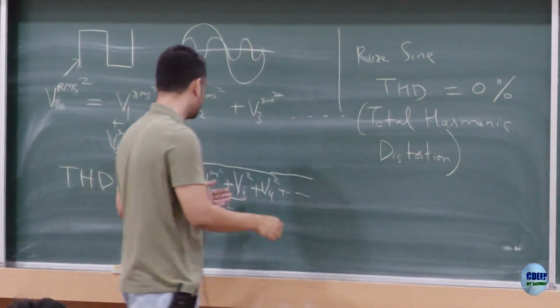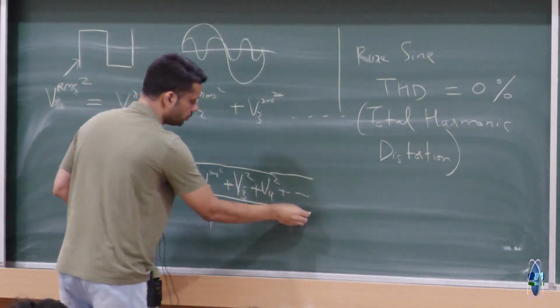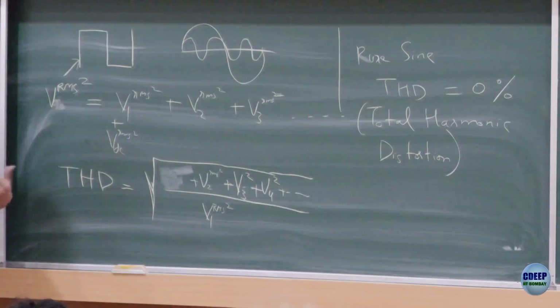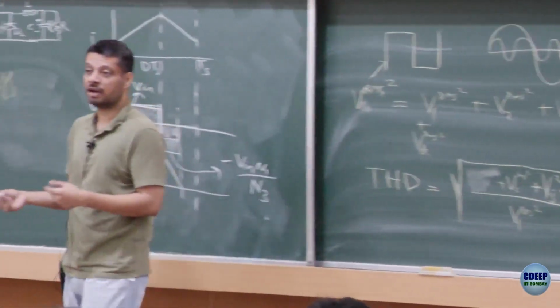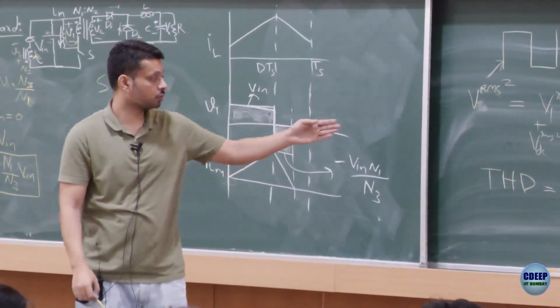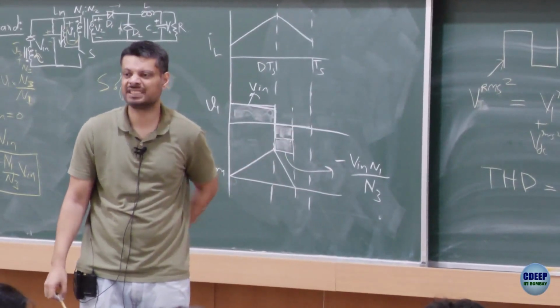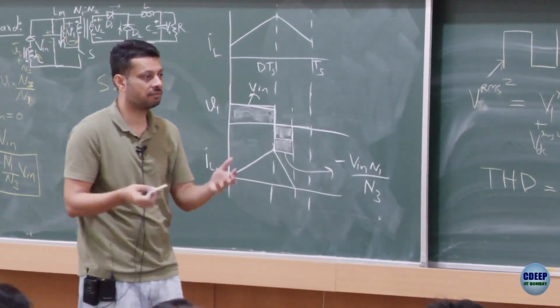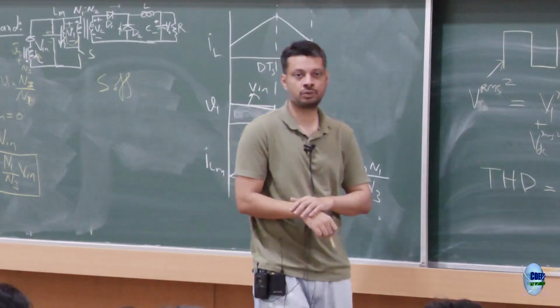You can define it as a ratio, you can define it as a percentage, up to you. What it tells is how much third you have, how much fifth you have, right? Because all of those terms get added in the numerator. So this defines in a way the purity of the sine wave, or how close a waveform is to the sine wave.